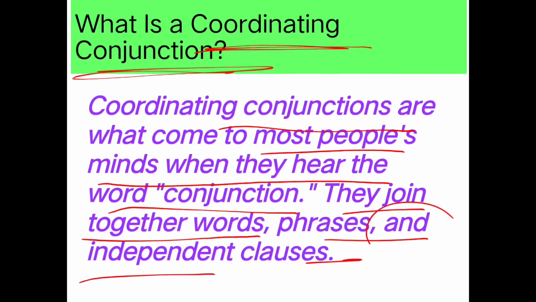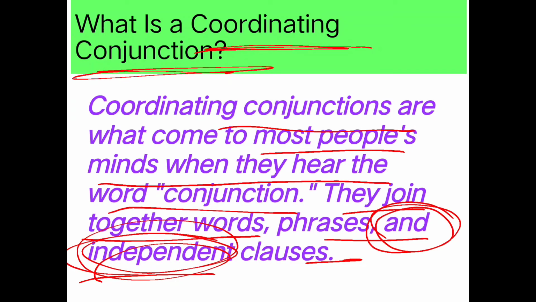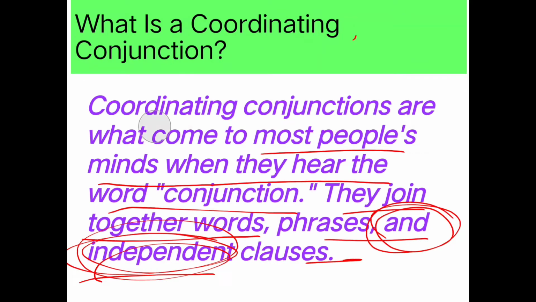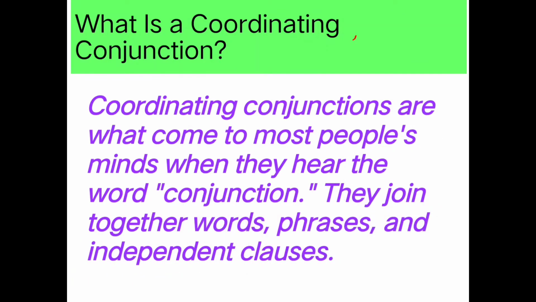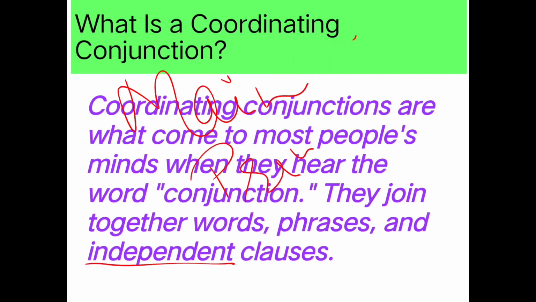Okay, again you have to notice this, independent clauses. Independent clauses are also known as main clauses, and these are known as principal clauses also. When I'm talking about independent clauses, you have to remember main clause or principal clause.